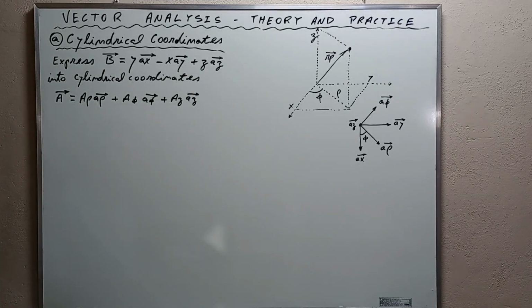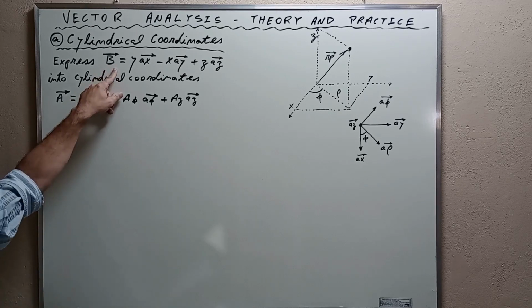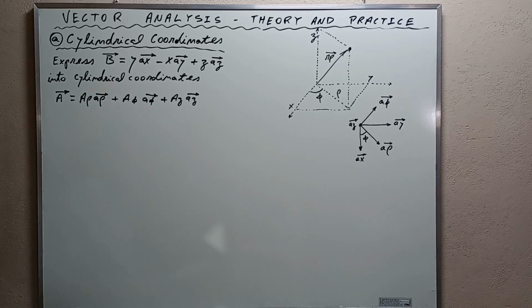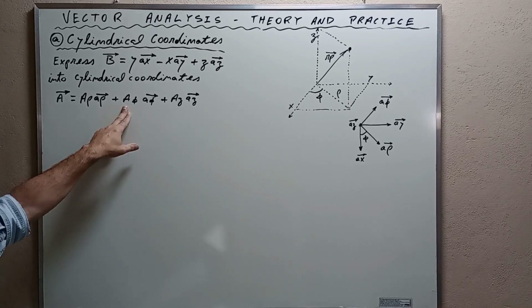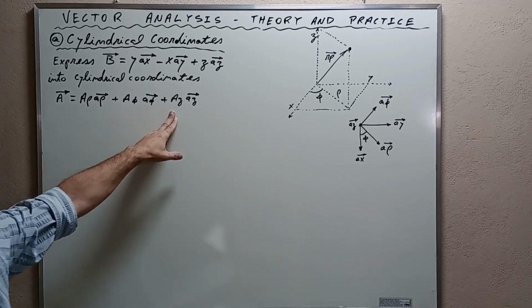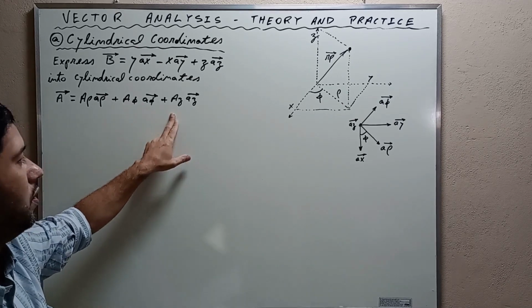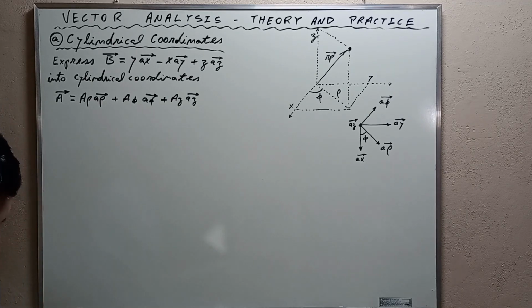Therefore, the new vector b expressed in cylindrical coordinates will have b rho in the rho direction plus b phi in the phi direction plus bz in the z direction. Okay, let's compute firstly b rho.